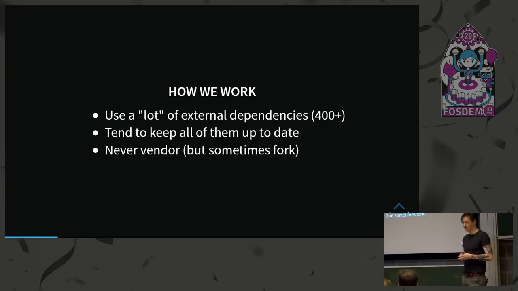And we tend to keep all of them up to date. We tend to live ahead. We update sometimes several times a day, but typically on a weekly cadence. And we have never vendored any dependencies. We always fork, use a patch to the Git repository until our PR is merged, and then return to the original project. So we're working quite differently from how we used to work.